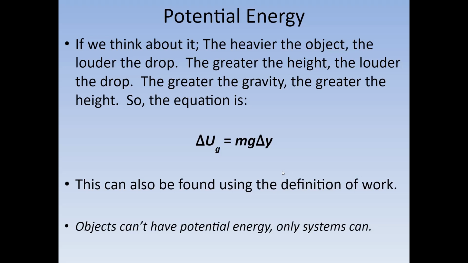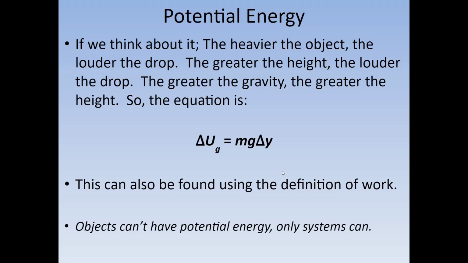Sometimes what you might see is they might talk about a mass, and they might ask about some type of energies that the mass has, or they might call it the mass-Earth system.